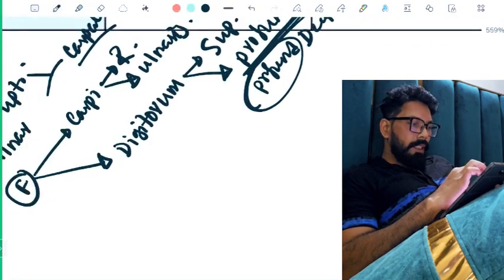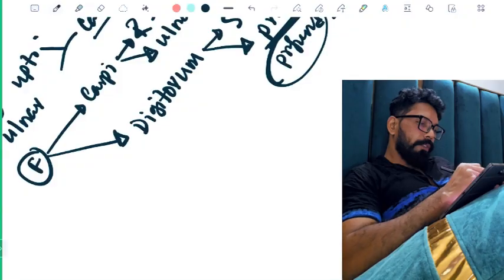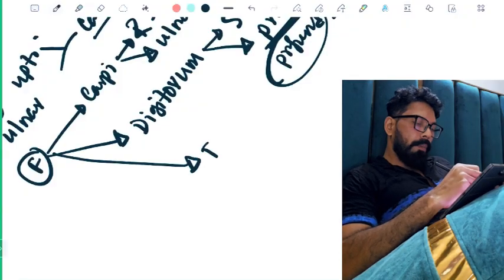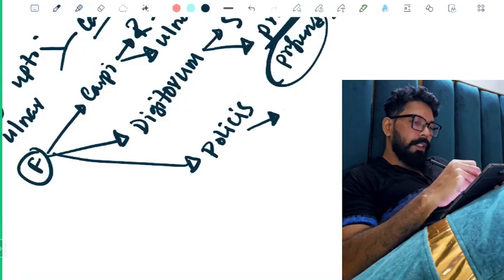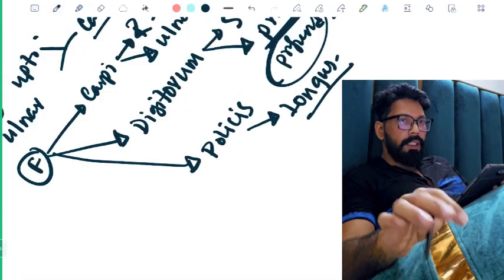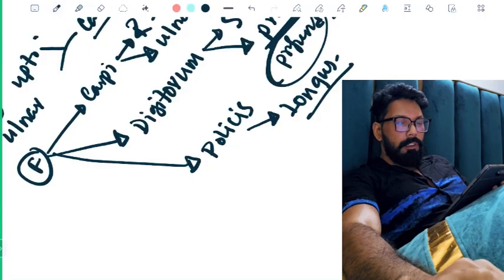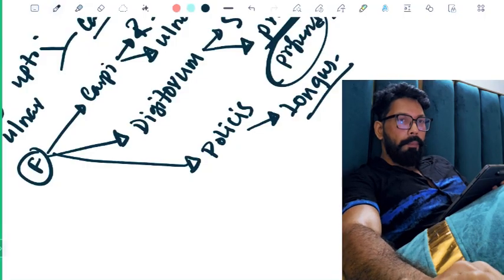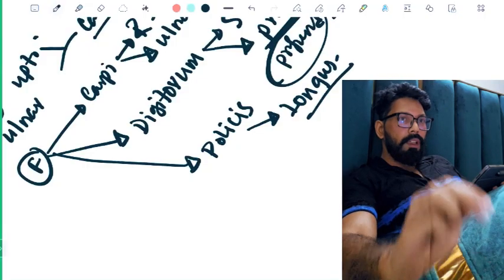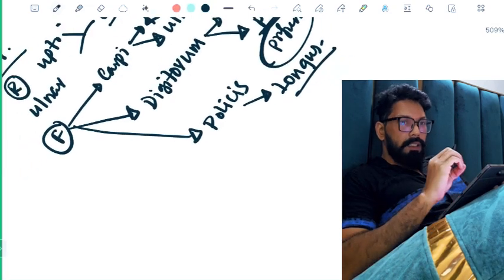Okay. Then we have the flexor up to your thumb, which we call pollicis. So we call it flexor pollicis longus. Okay. Now, what are the other things?